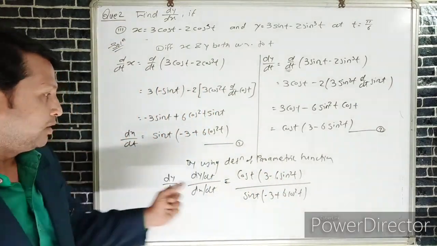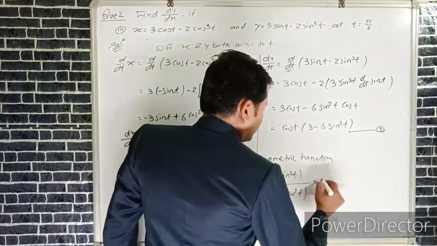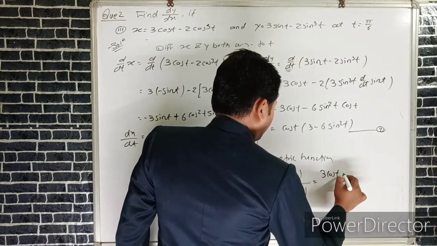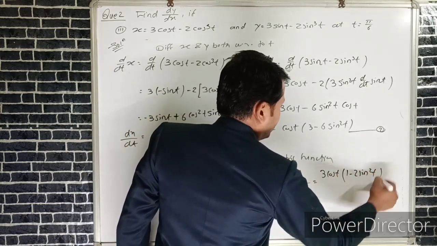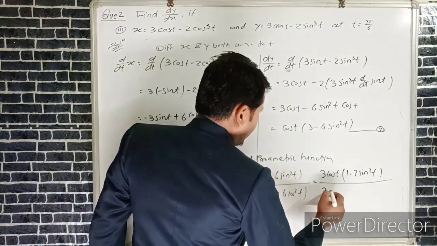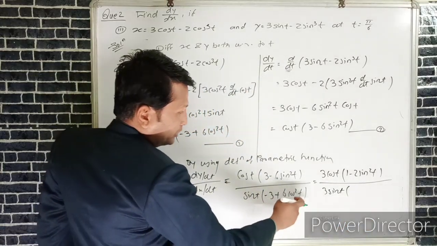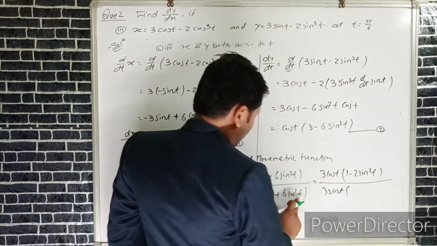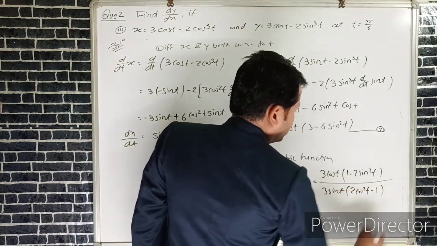If we take 3 common from these two functions, we can write 3 cos t into (1 minus 2 sin square t) upon, again taking 3 common, 3 sin t into (2 cos square t minus 1).